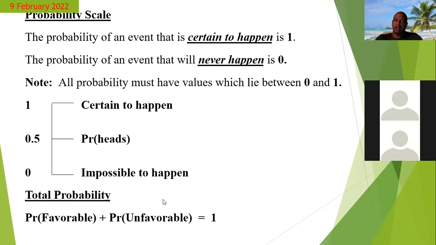Now, the total probability in terms of an event happening and an event not happening. So in other words, if we have 10 mangoes in a bag, and 4 of them would be Julie, and 6 of them East Indian.